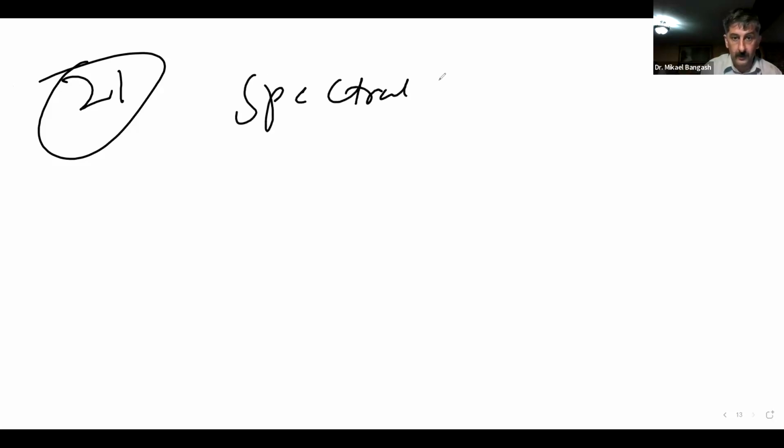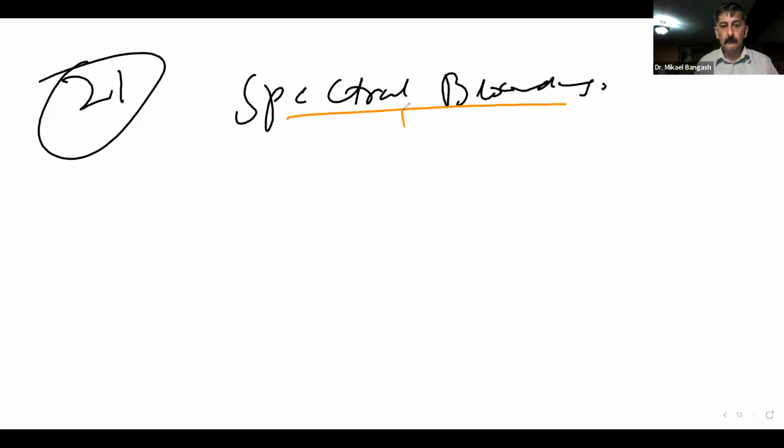If you know what causes spectral broadening, where did we get spectral broadening? If we had a turbulent flow. Clear?